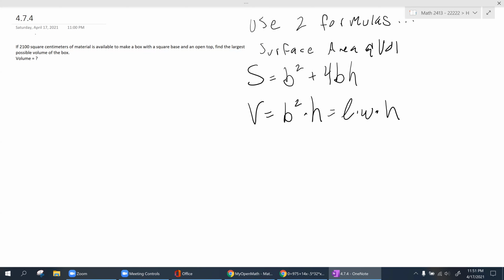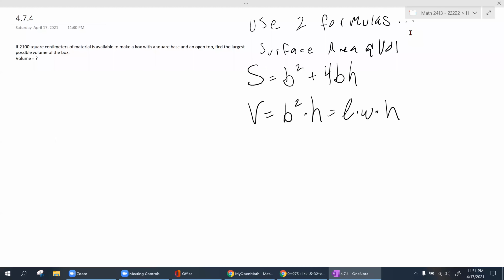One thing you always want to notate is what was given to you, correct? So I was told here that 2100 square centimeters. We know that whenever a unit is just a unit, this is length.